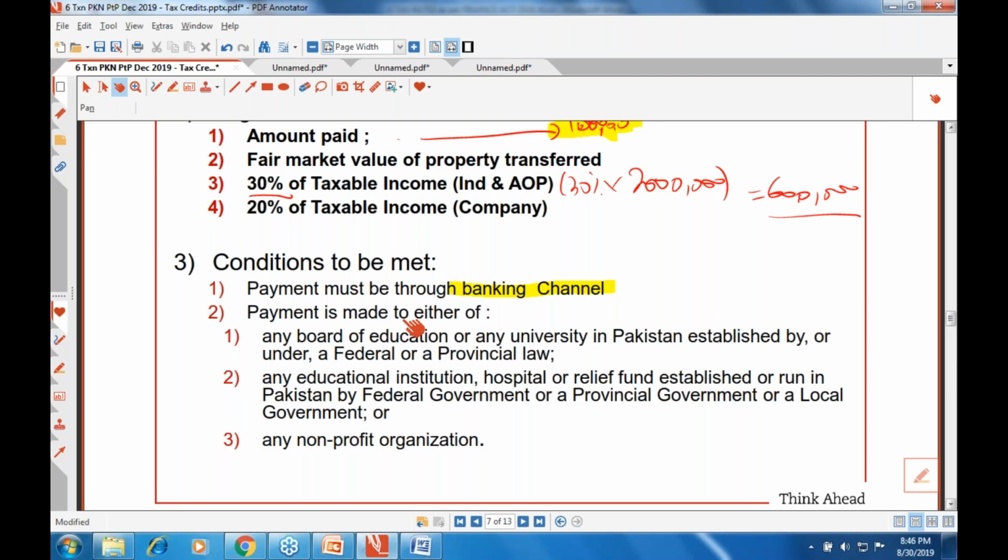So you have to give the donation to them only. Okay, is it okay to everybody?